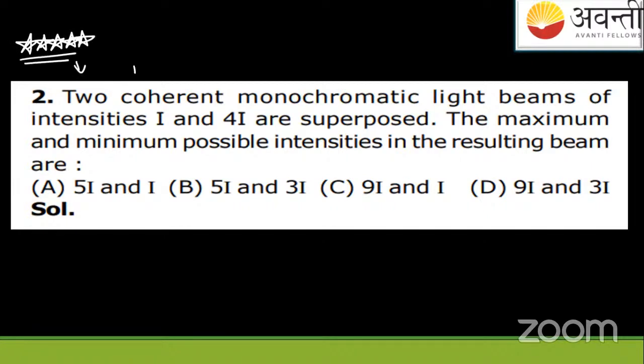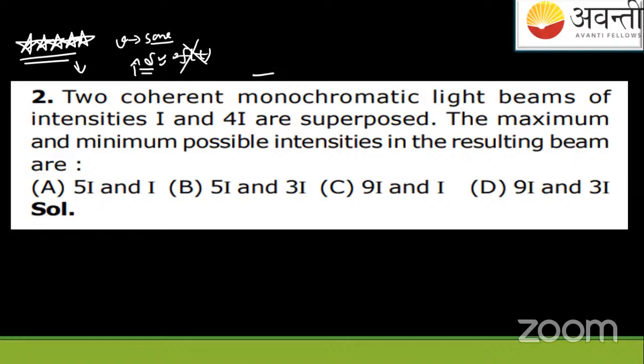Two coherent sources. Coherent means the frequency remains the same everywhere, 24/7, plus the phase angle between the two waves is constant. If the two sources are coherent, the initial phase angle will be constant throughout. It will not be a function of time. Remember this, okay?